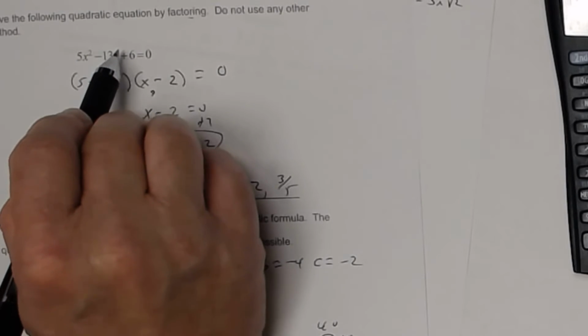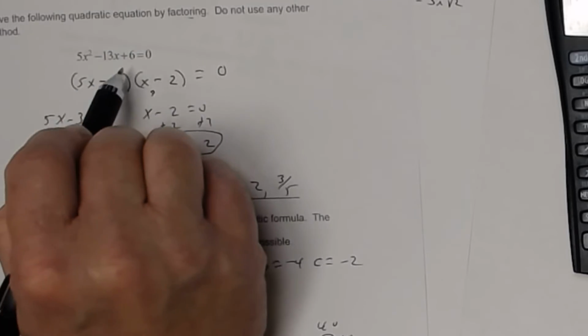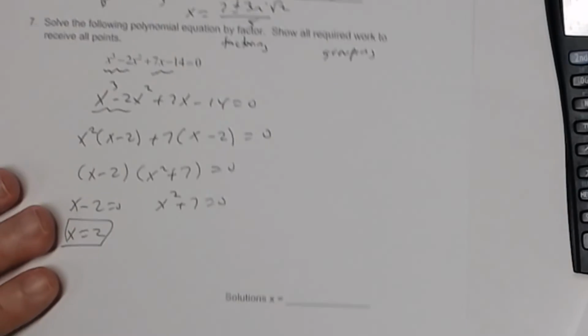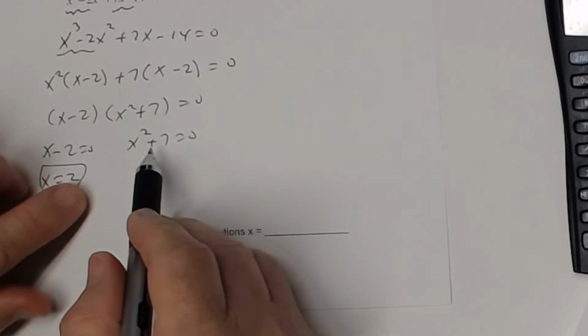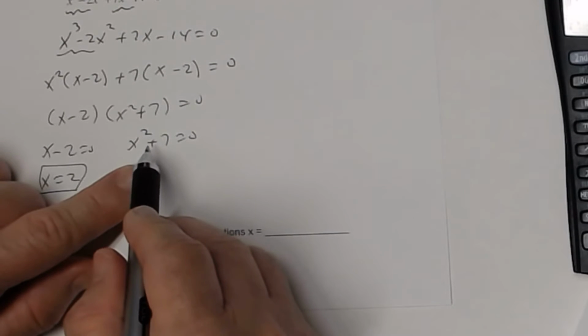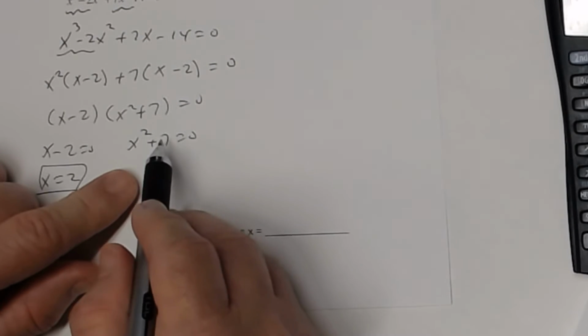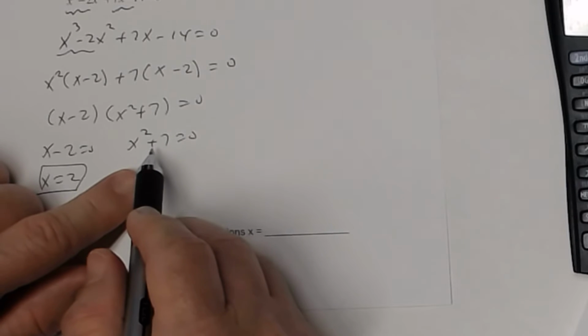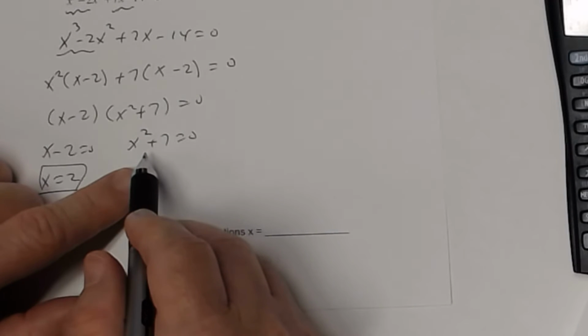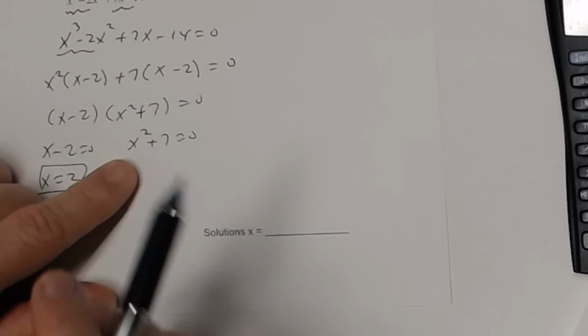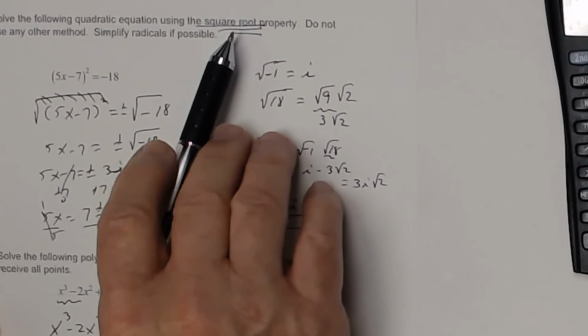This is the first degree term, x to the first degree, and this is your constant. Over here, what's missing is that first degree term. I have my second degree term and my constant, but not my first degree term. Whenever that's the case, you have to show that, but all you have to do is use the square root property.